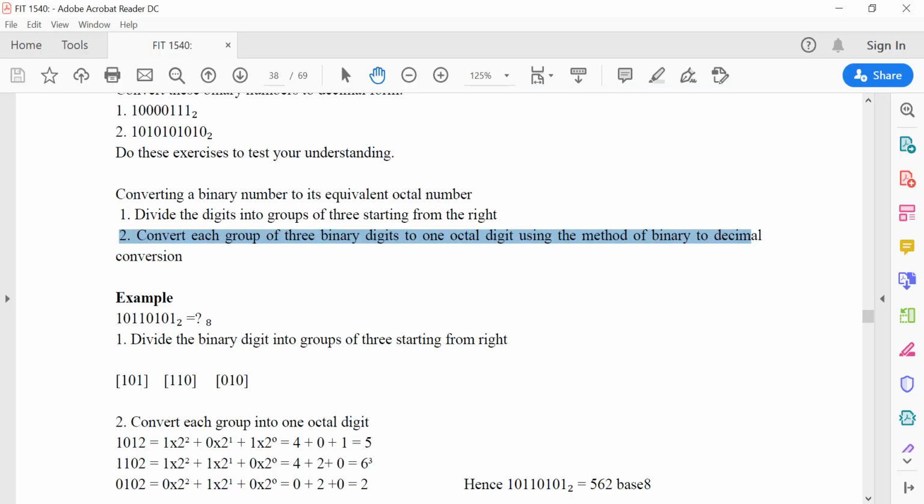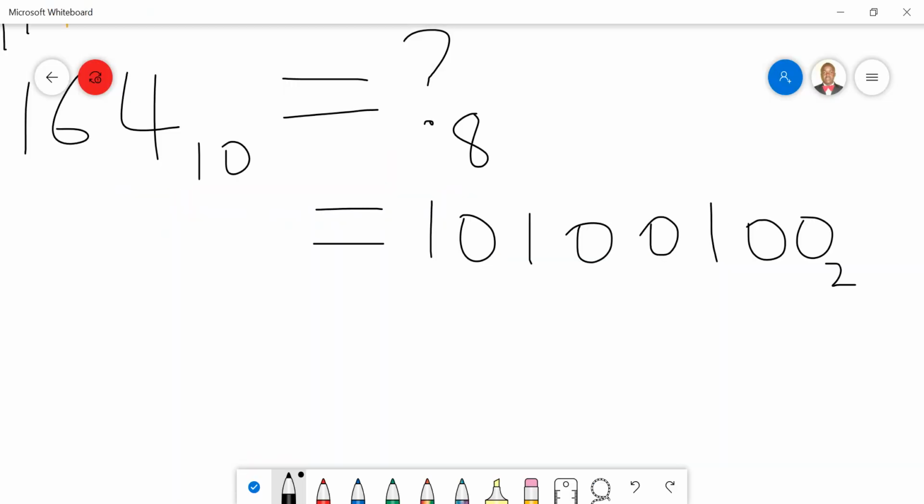And here the rule says, if you want to convert this binary number to its equivalent octal, divide the digits into groups of 3 starting from the right. Then convert each group of 3 binary digits to 1 octal digit using the method of binary to decimal conversion. So let's just do it.